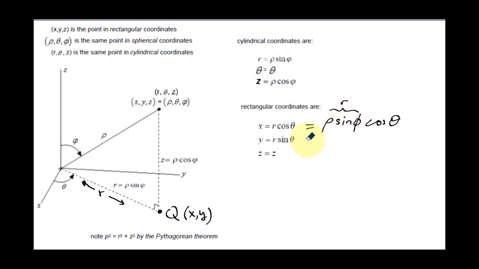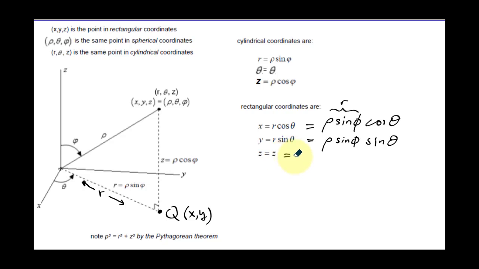And then I could find the y coordinate in rectangular coordinates by using the cylindrical coordinates, but the cylindrical coordinates, I can get those from the spherical, right? Because I know r is this rho sine phi. So there it is again. Rho sine phi times the sine of theta.